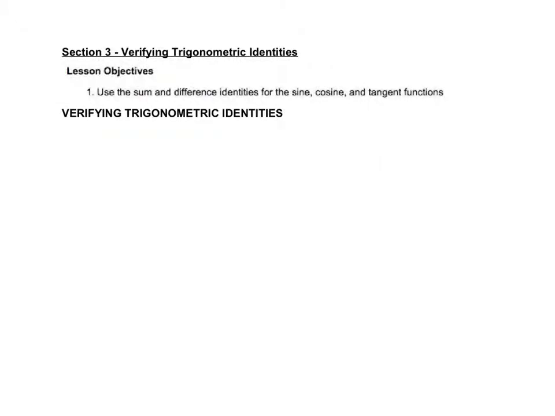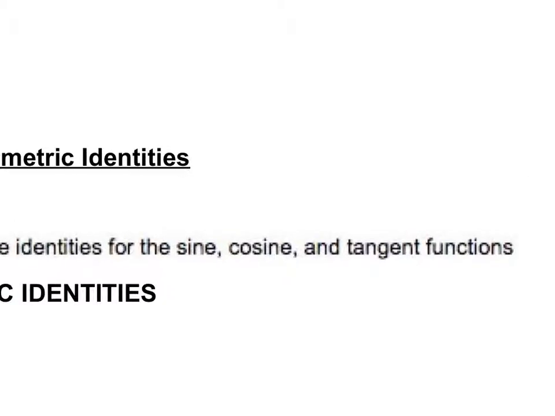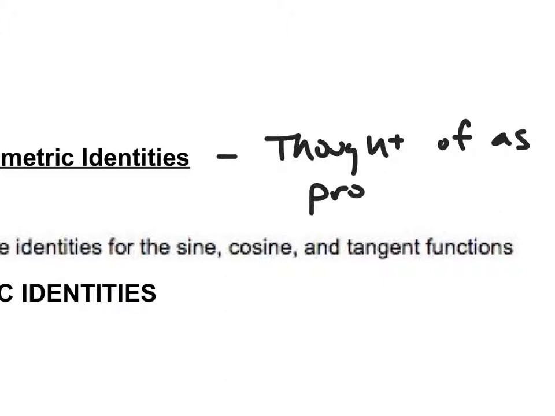This is a video over Section 3, and what we're going to be talking about today are verifying trigonometric identities. So these are sometimes thought of as proofs, okay, which aren't really that fun unless you're really into math, but not really.